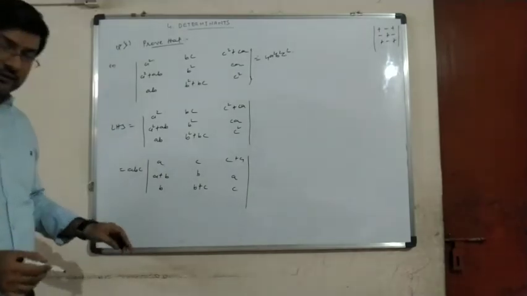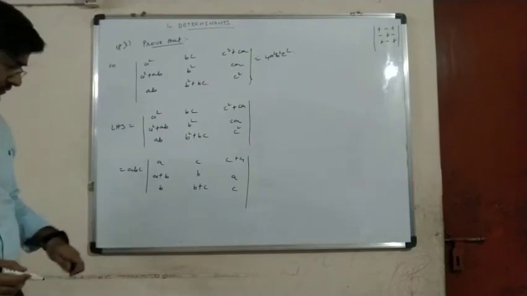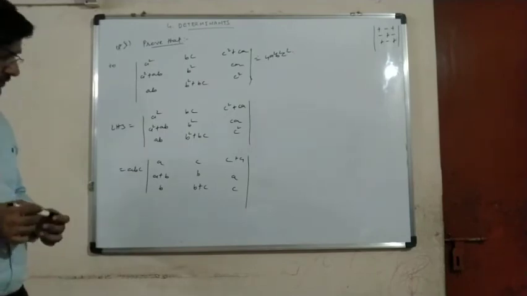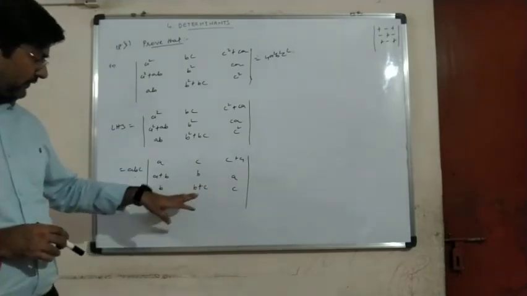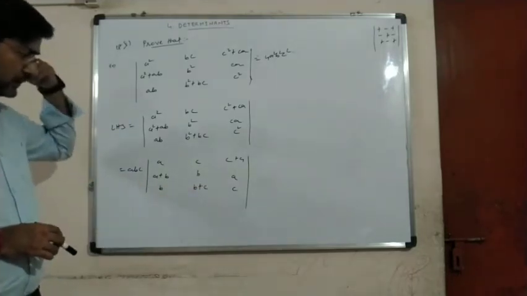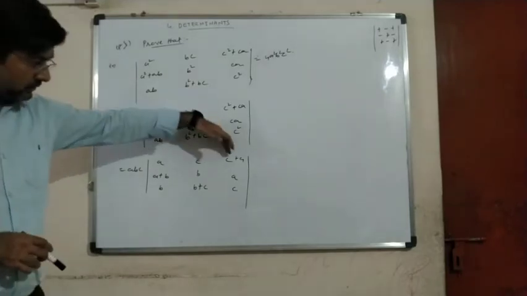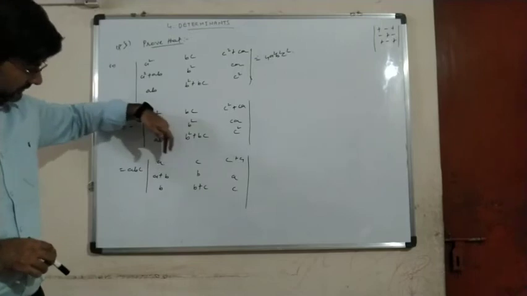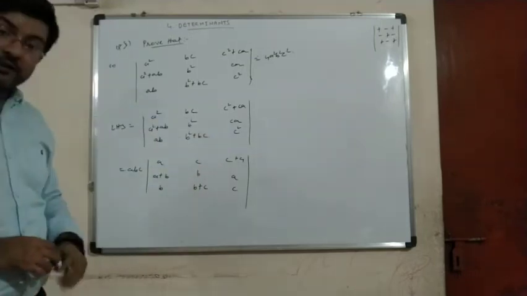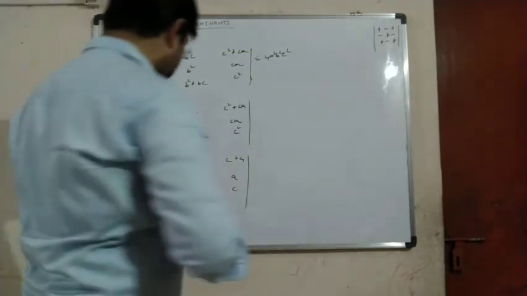Now this is almost similar to the previous question which we solved. Yes or no? So we can do something like that only. What we can do? On the third column, we will add the two columns and subtract from the third column. So let us do that.